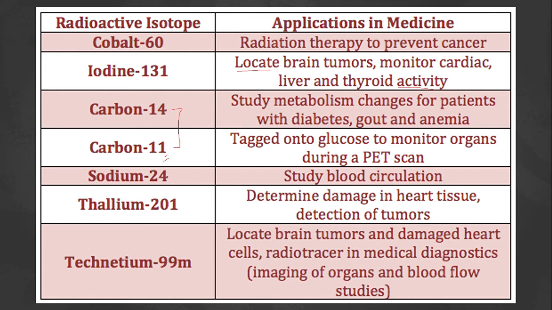Yung katawan natin, majority ng isotope ng carbon is carbon-12. Yun yung nasa katawan natin. But we also have carbon-14 and other isotopes, pero napakakonti lang yan. Okay? So carbon-11 is tagged onto glucose to monitor organs during a PET scan.